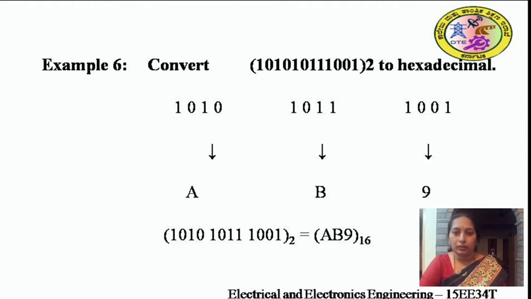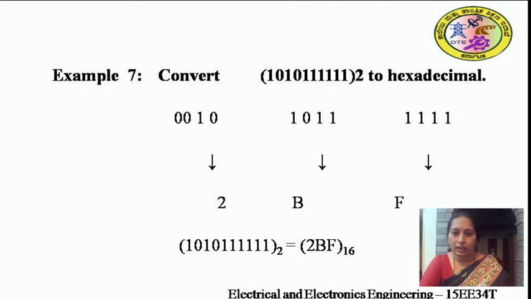Then I replace these binary bits by their hexadecimal representation. 1001 is 9 in hexadecimal, 1011 is 8 plus 2 plus 1, that is 11, represented as B. 1010, 8 plus 2 is 10, represented as A. The equivalent hexadecimal value for this number is AB9.